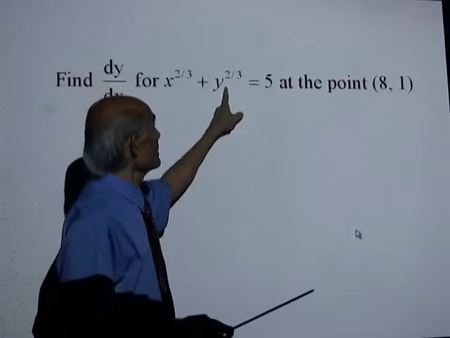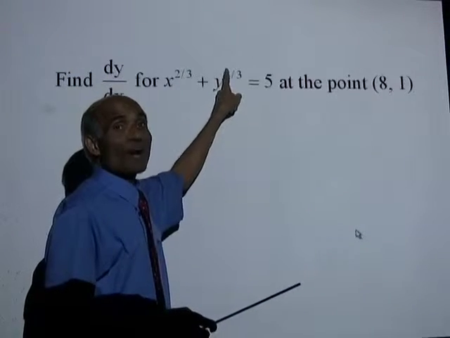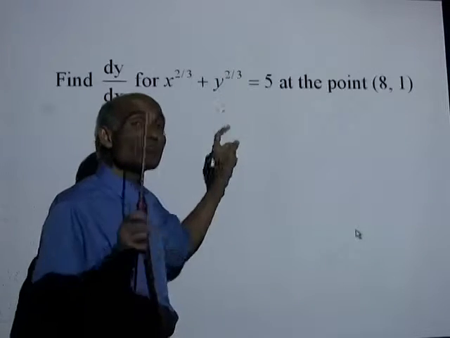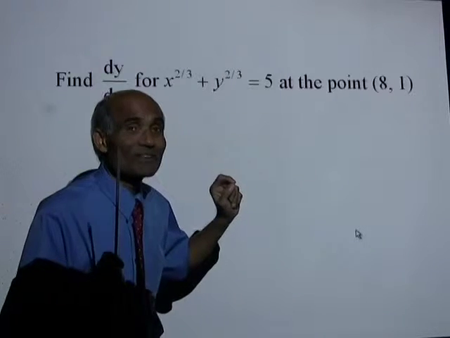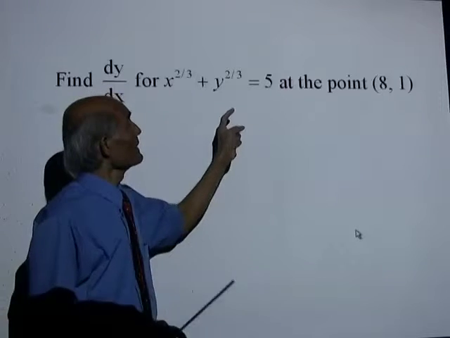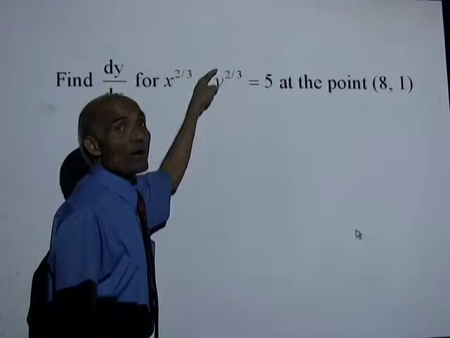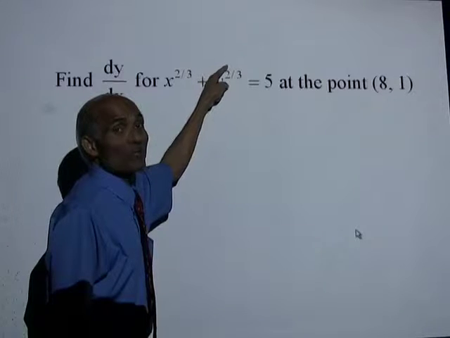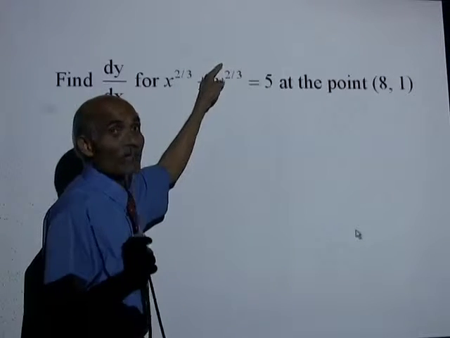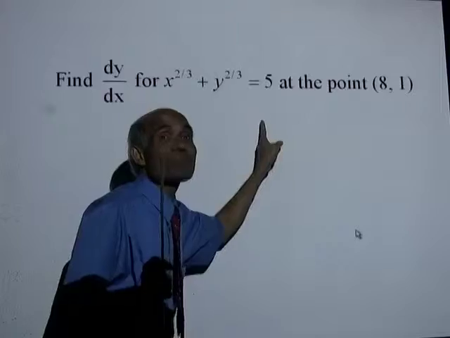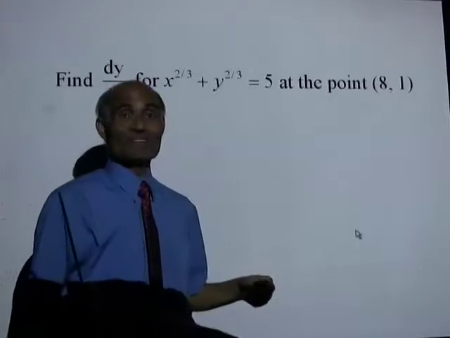Alright, try this. What is the derivative of y to the power of 2/3 with respect to x? Don't confuse that. It will be 2/3 y to the power of 2/3 minus 1, and it doesn't stop there, times dy by dx, isn't it?